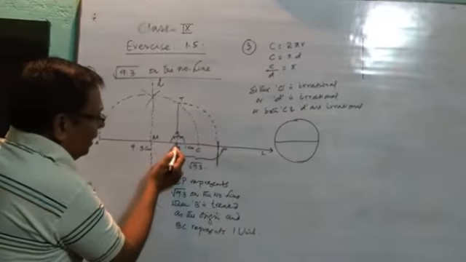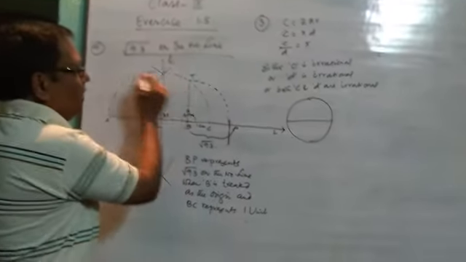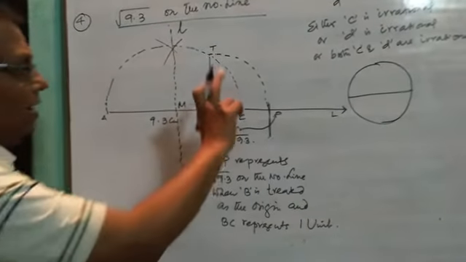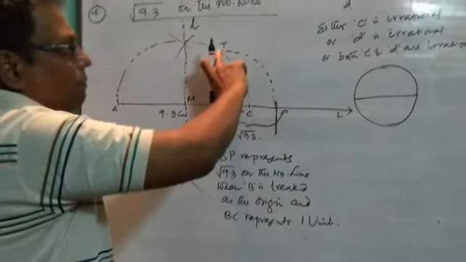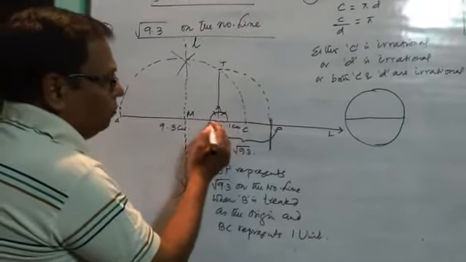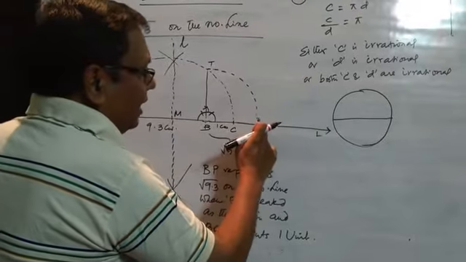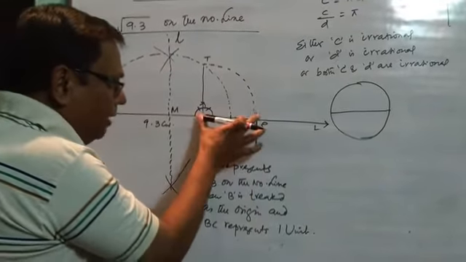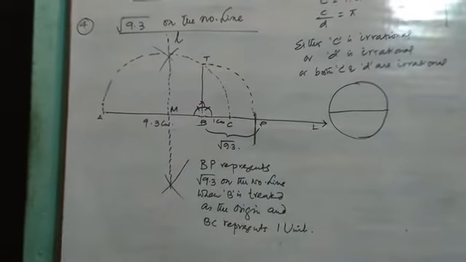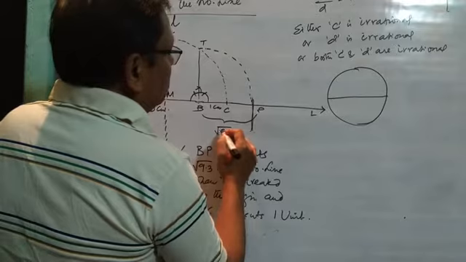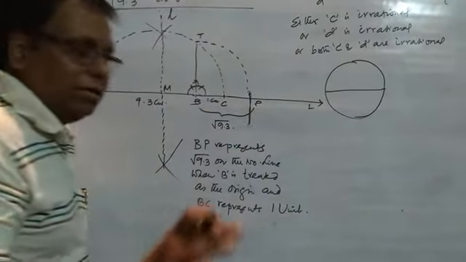At the point B, we draw a 90-degree line which intersects the circumference of the semicircle at the point T. Now we will put the needle at B and the tip of the pencil at T, and we will draw the arc. The arc drawn will intersect the produced line at the point P. This distance BP, or the point P, represents under root 9.3 on the number line.